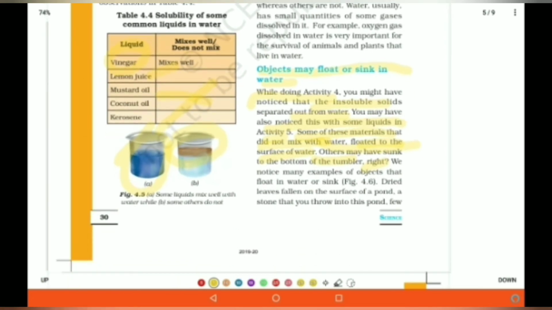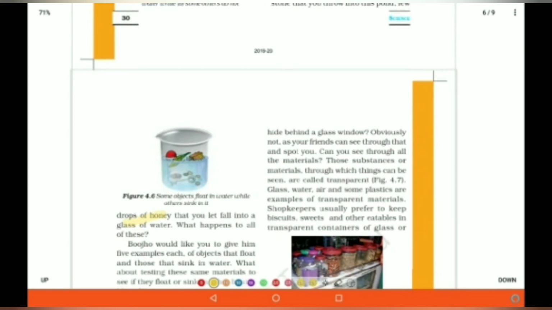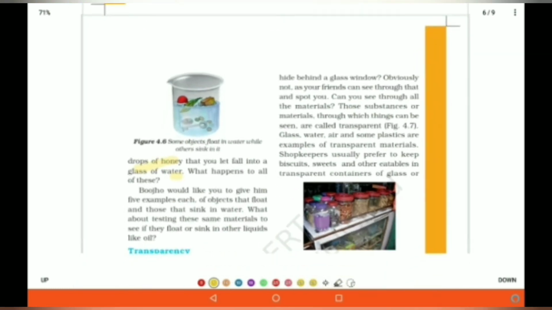Now, you have all seen the dry leaves fallen on the surface of the pond, a stone that you throw into this pond, a few drops of honey that you let fall into a glass of water. What happens to these?